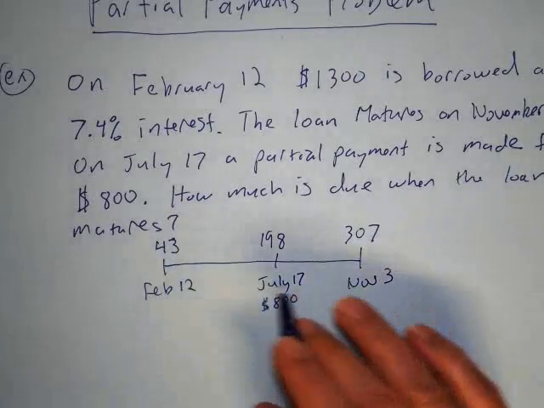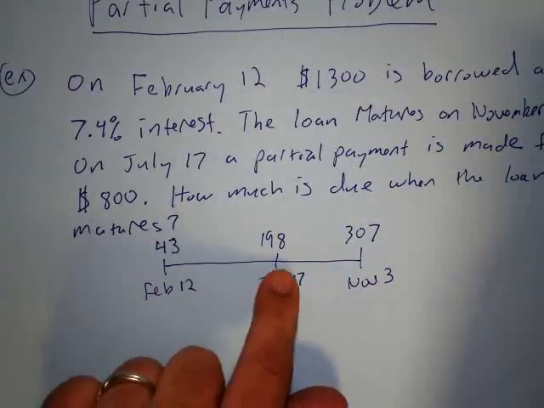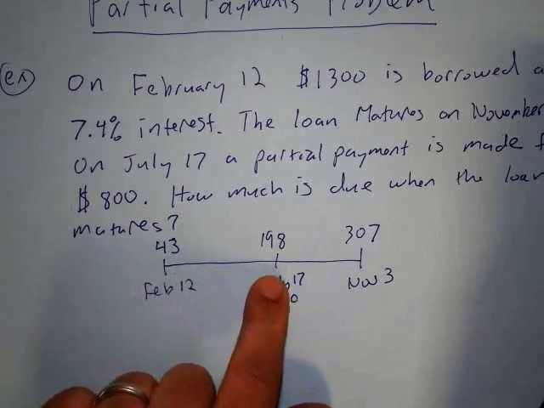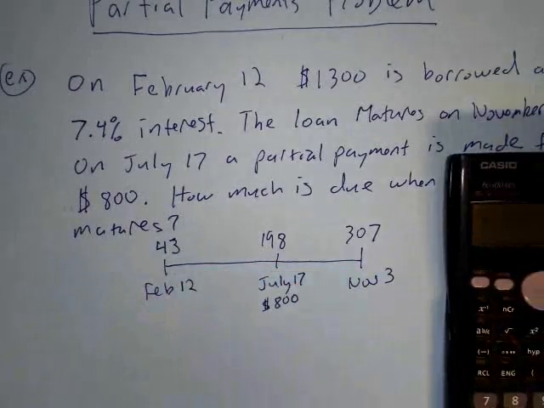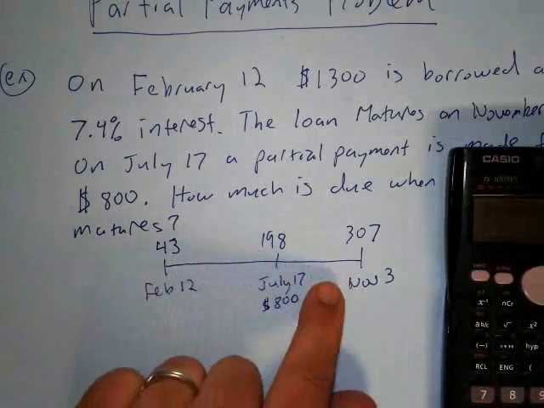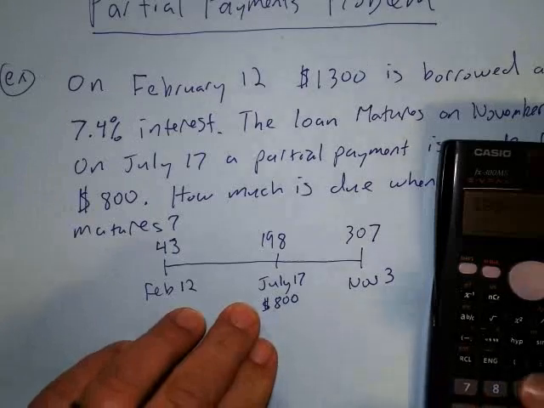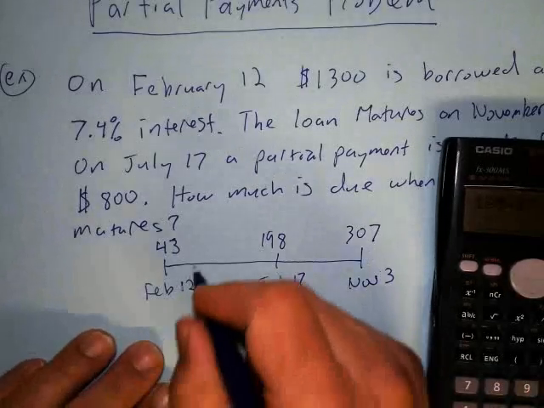And now what we're going to do is find how long each of these periods is. This is like the first half of the loan, the second half of the loan. This partial payment kind of splits the loan into two halves. So 198 minus 43 is 155.